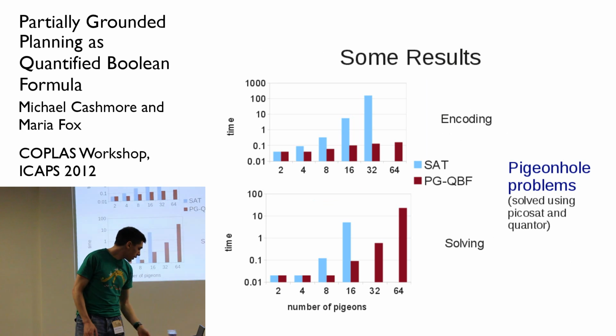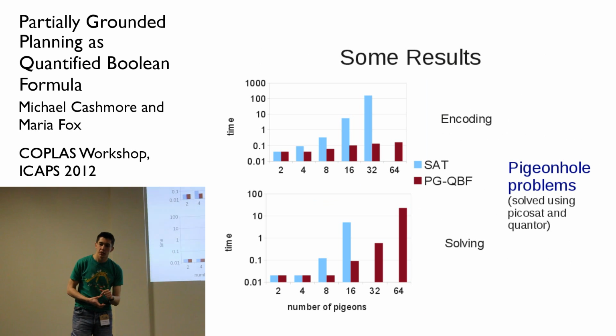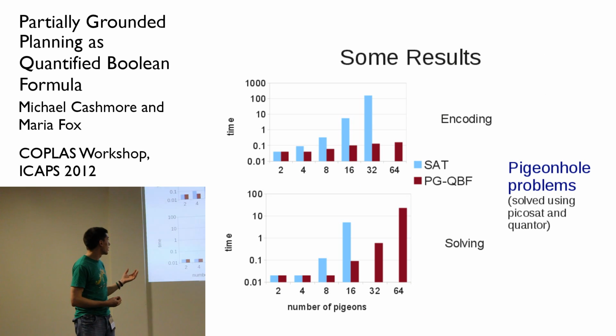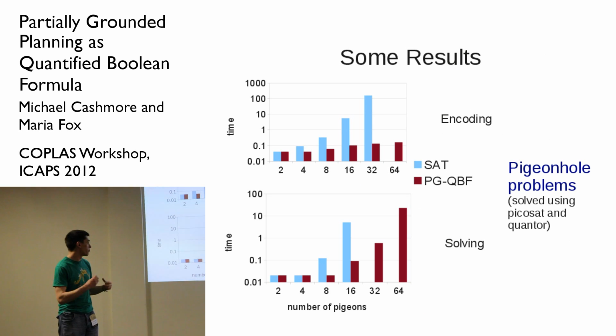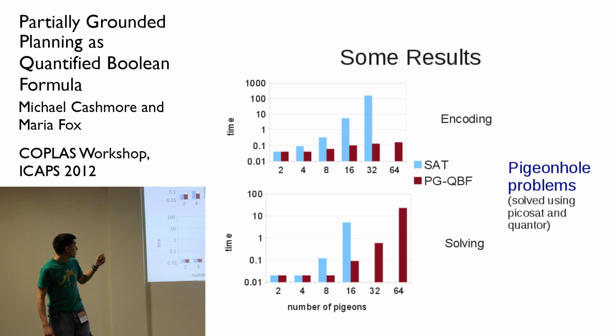Okay. So we implemented this and tried it out on some simple problems which greatly benefit from a lifted approach. The first of which was just a very simple pigeonhole problem where we put pigeons in pigeonholes. And we compared it against the example SAT encoding that I showed previously.